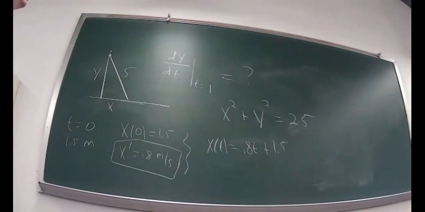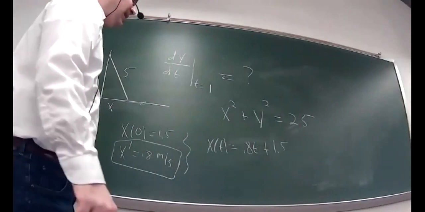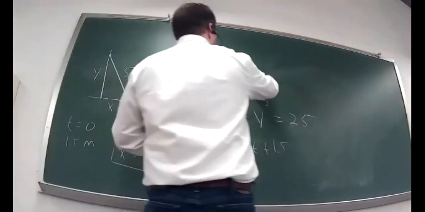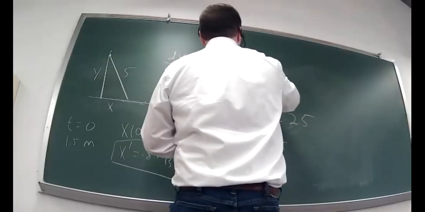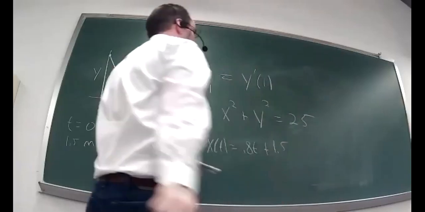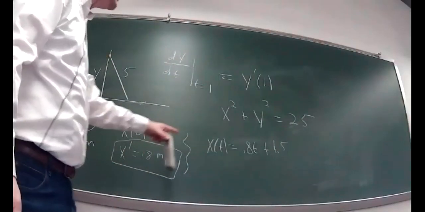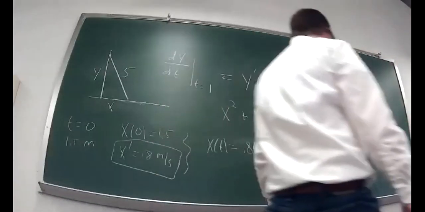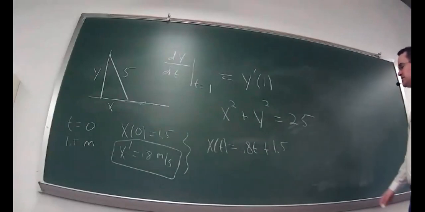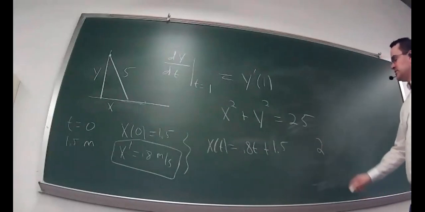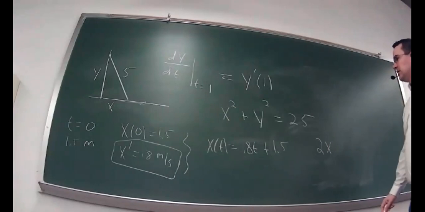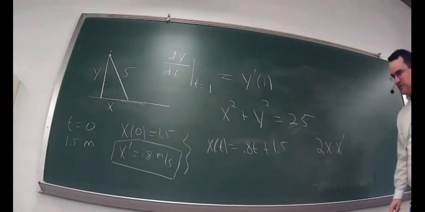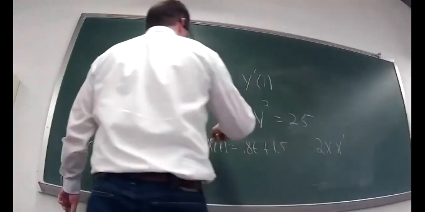And you want to find dy/dt at the time that t equals 1. Or if you don't like Leibniz notation, you could also write this as y prime of 1. So what is that? Let's differentiate this equation with respect to time. And what you're going to get is 2x times x prime. So that's the chain rule, isn't it? x is a function of t.